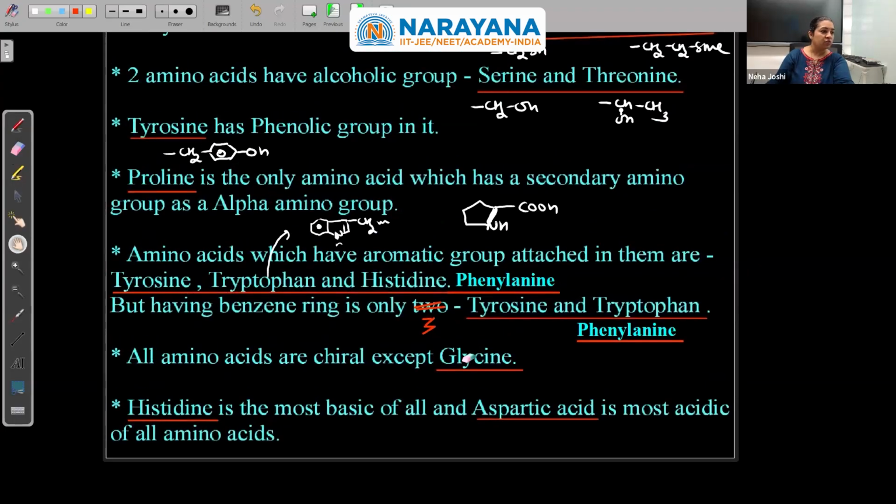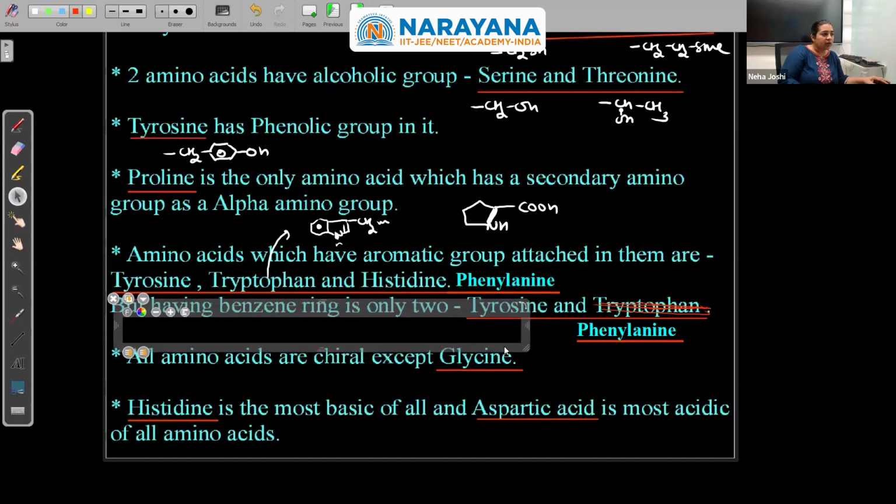And rather, I should refine this statement here. If I consider only benzene, then take only these 2. Okay. I will change something. Rather, I will add here: tryptophan has indole structure in it.